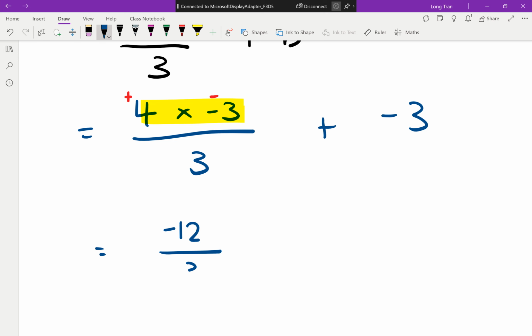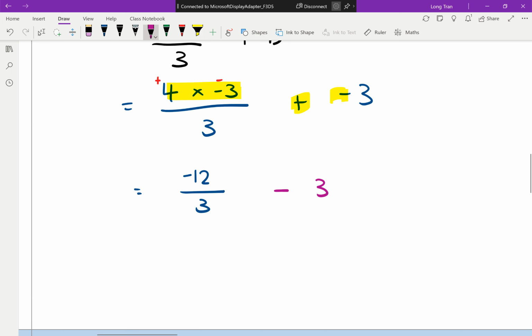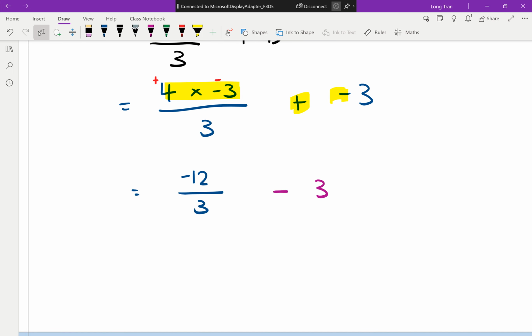Over 3. Now notice here, this is plus and a minus. Instead of writing plus minus, I can write it as what? What's plus minus the same as? Minus. So I can write over here, -3. Now that fraction there looks scary, but that's okay. Let's work it out. Can we simplify -12 over 3?